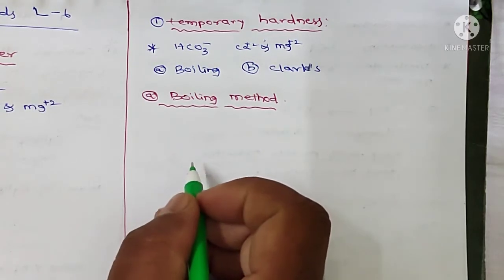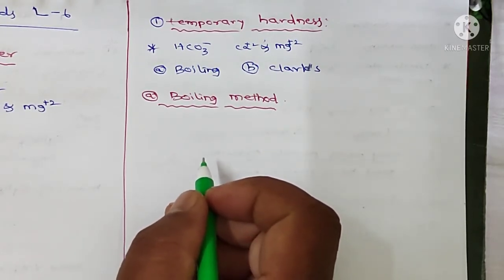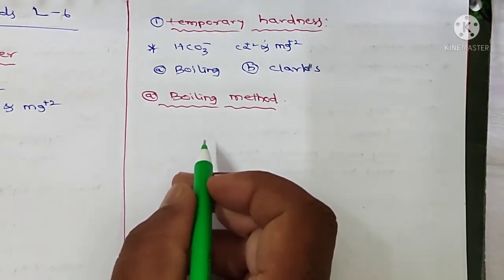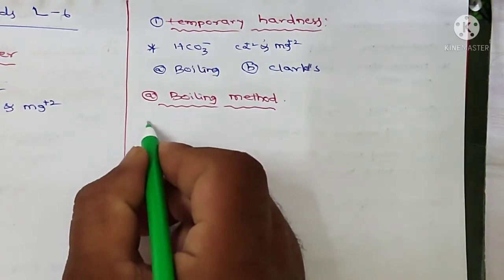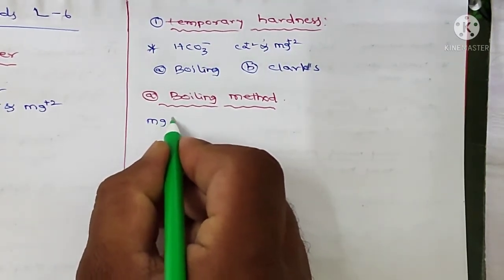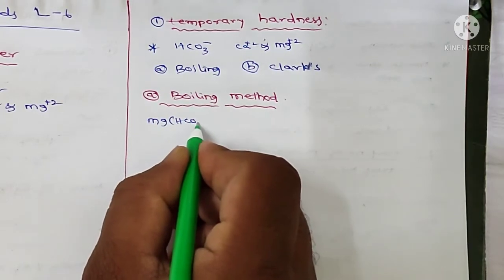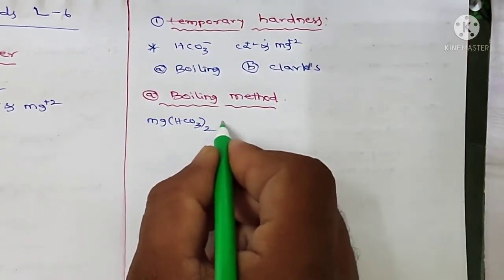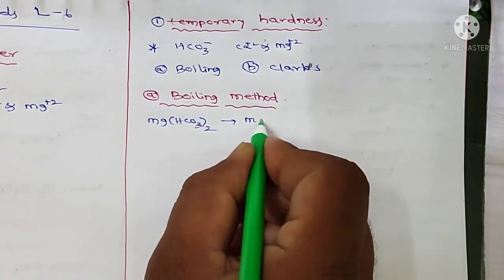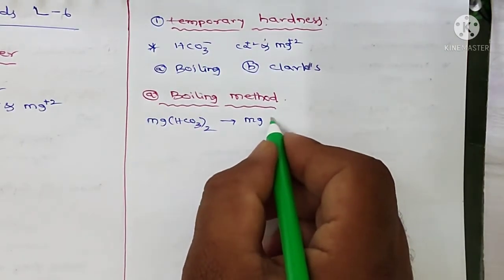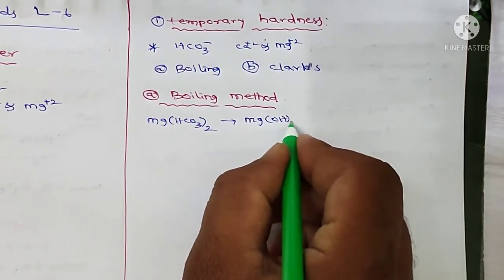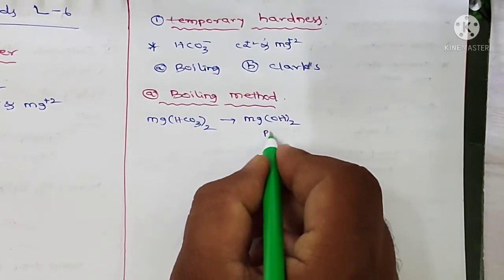During the boiling, the soluble magnesium bicarbonate is converted into the insoluble magnesium hydroxide. So here magnesium bicarbonates are converted into magnesium hydroxides, which is a PPT.